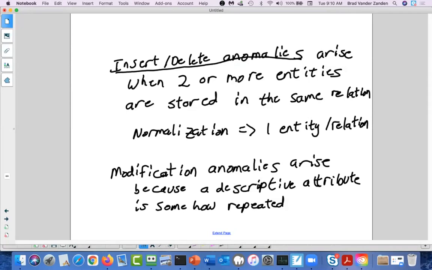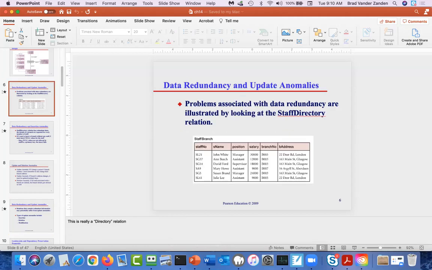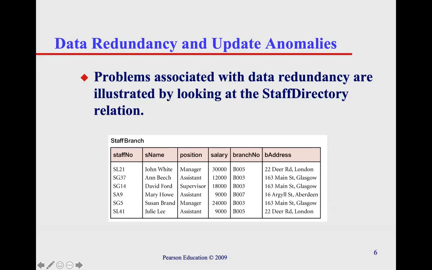Okay, and you saw two different ways that that happened back here. So one way was that we just had this branch address repeated multiple times, like 22 Deer Road was repeated multiple times. The other way was a little more subtle.